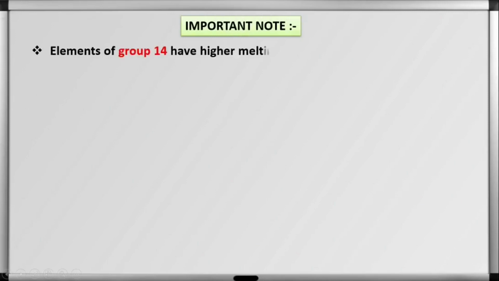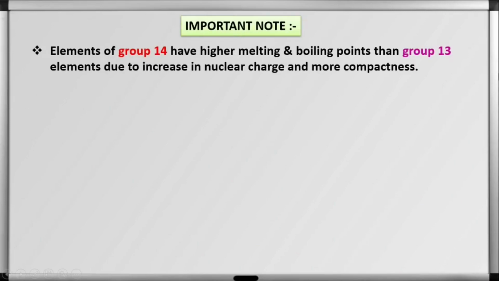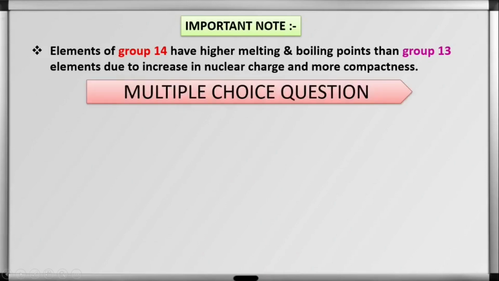Now important note, elements of group 14 have higher melting point and boiling point than group 13 because of the increased nuclear charge, and that's why the nuclear charge increases. So that's why the melting point and boiling points increase. बघा हा important point आहे, लक्षात ठेवा. Now see the multiple choice question.